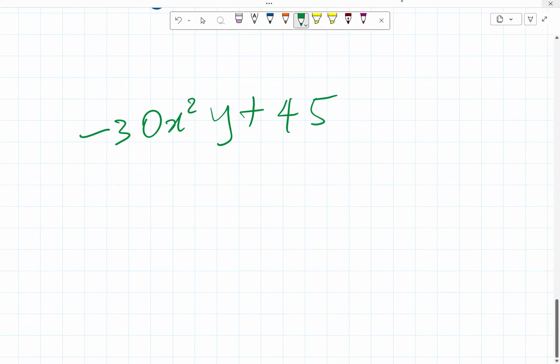So the deal here for question 3 is to factor out the greatest common monomial from each polynomial. For question 3, we have minus 30x squared y plus 45xy squared minus 15xy, right?